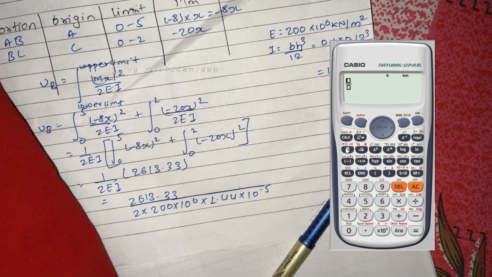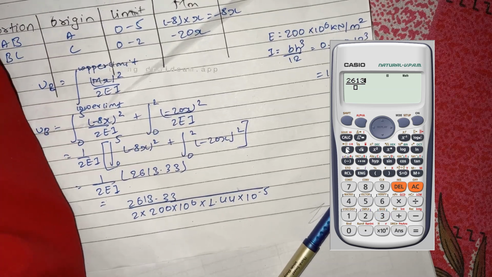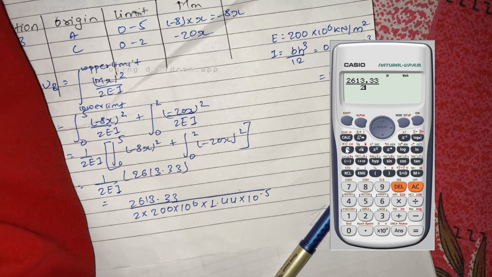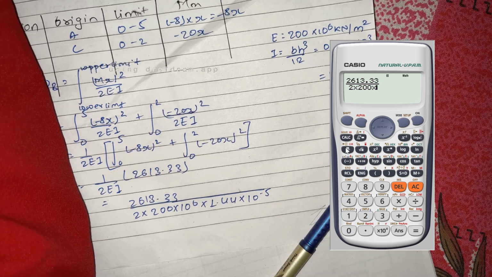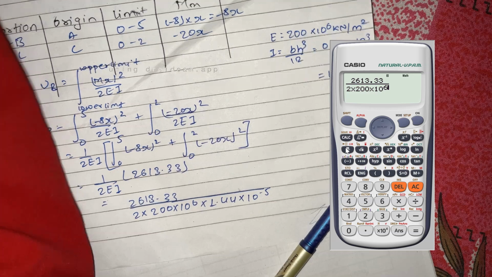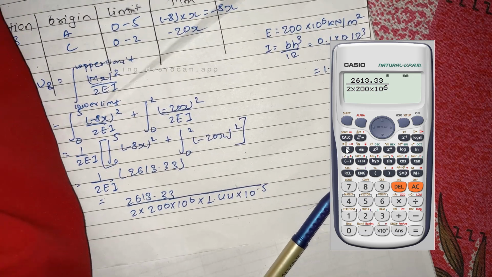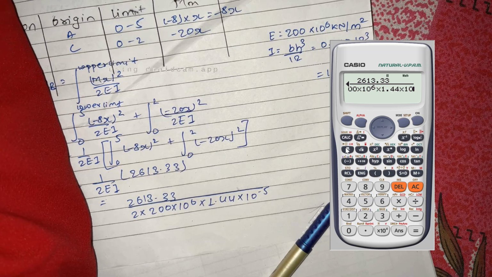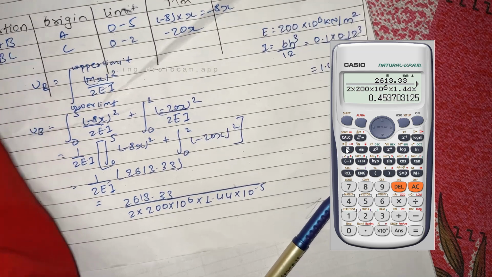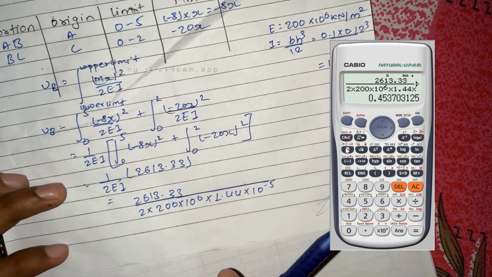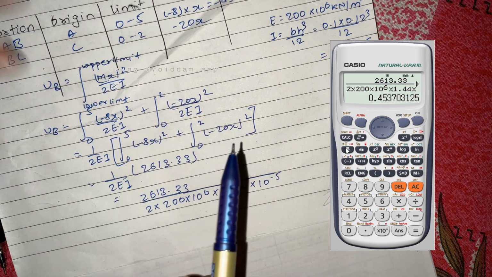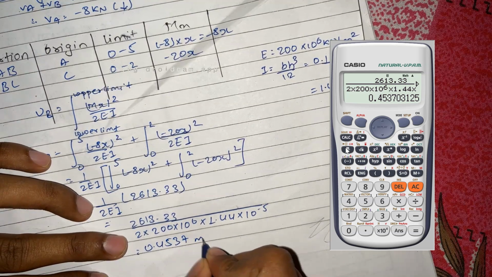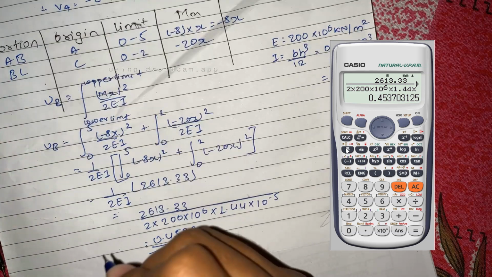It's 2613.33 by 2 into 200 into 10 to the power 6 into 1.44 into 10 to the power minus 5, and we get the answer of around 0.4537 meter.